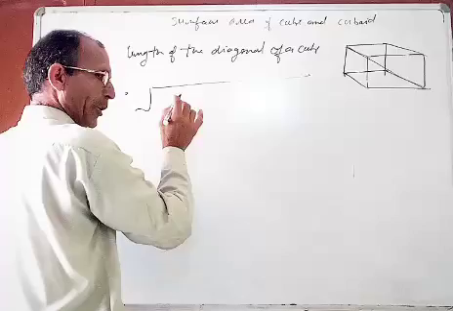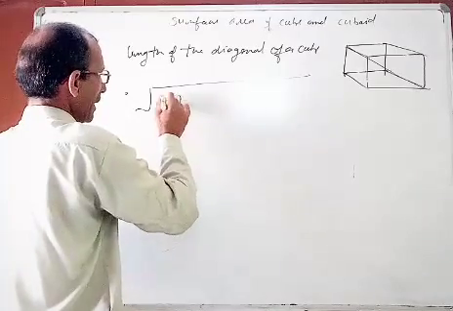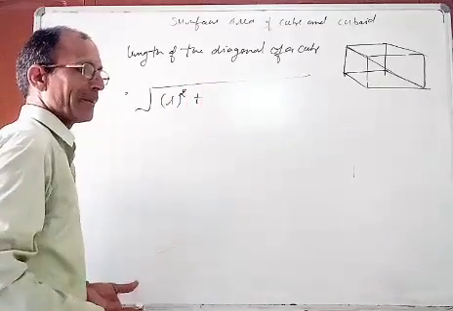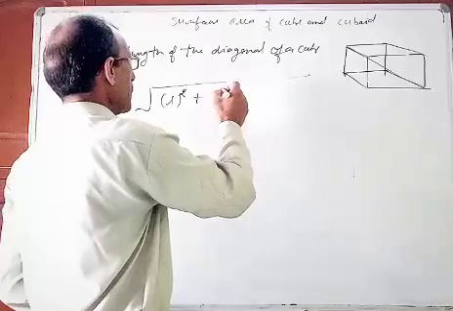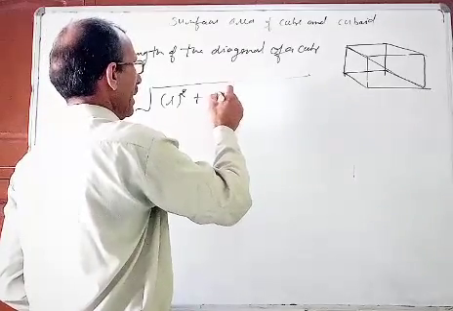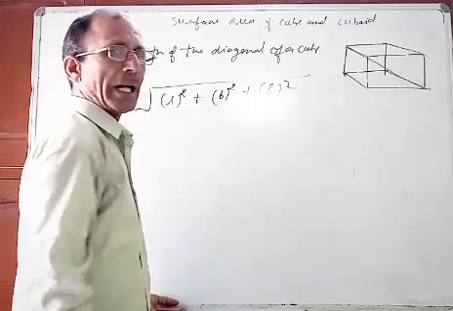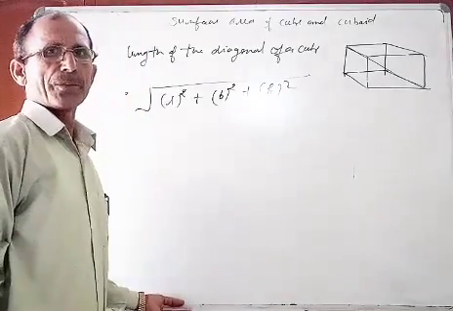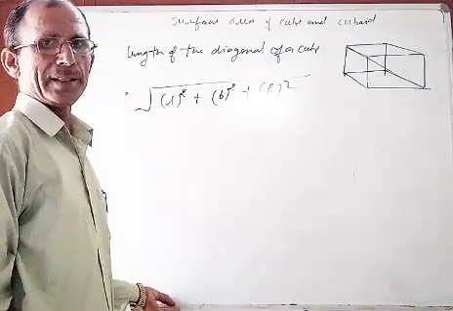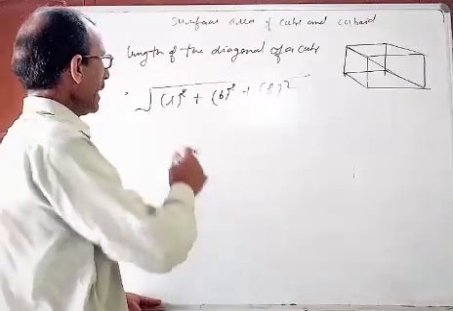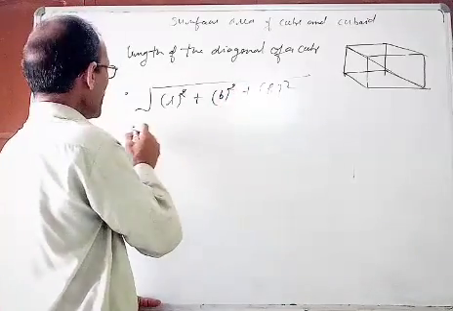For a cuboid you use L square; for your understanding, I am writing the same formula which is used to find the length of the diagonal of a cuboid. Root of L square plus B square plus H square. B stands for breadth, H stands for height.